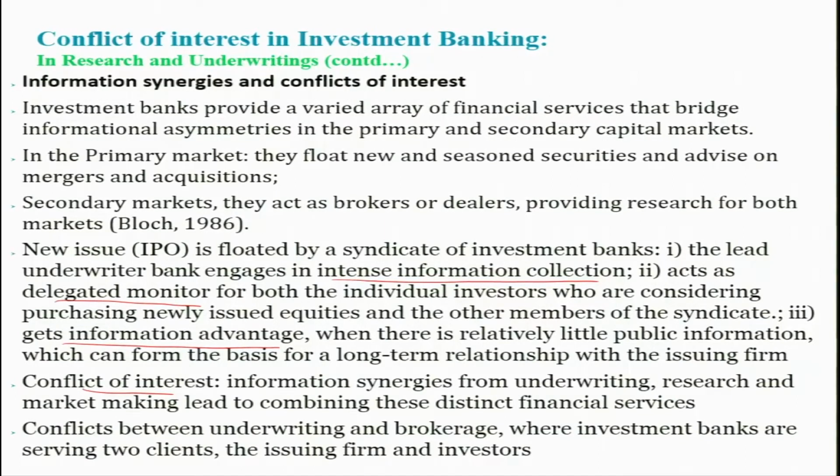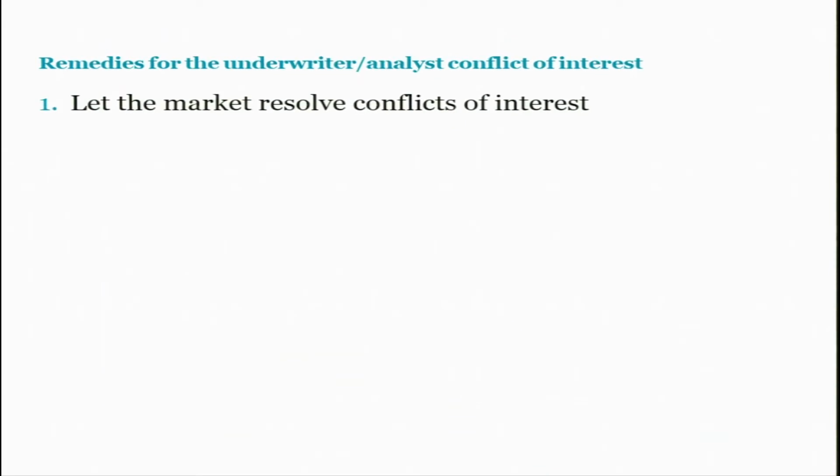So, the conflict between underwriting and brokerage is where investment banks are serving two clients, that is the issuing firm and investors. So, what are the solutions to resolve these problems? Some of the remedies suggested for resolving the conflict of interest is to let the market resolve the conflict of interest.